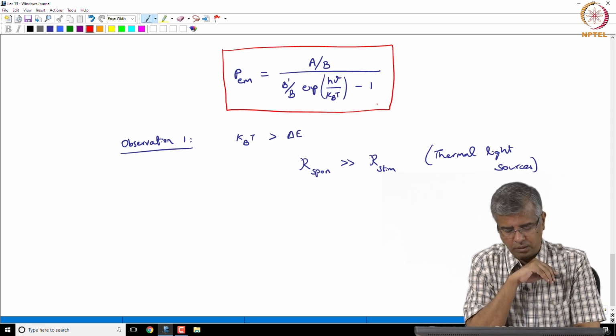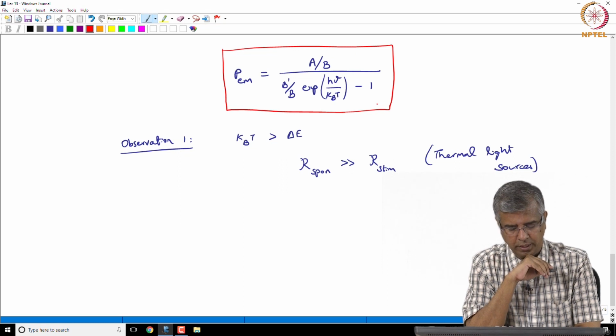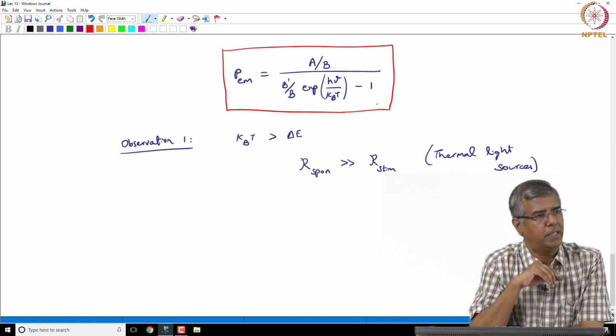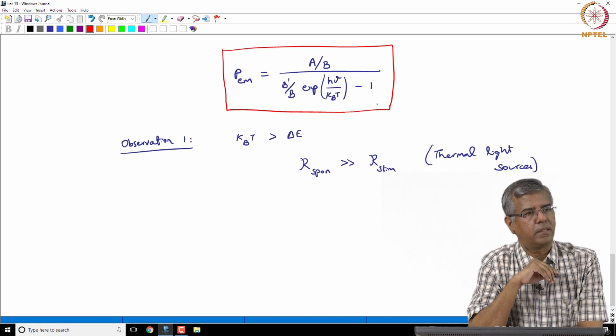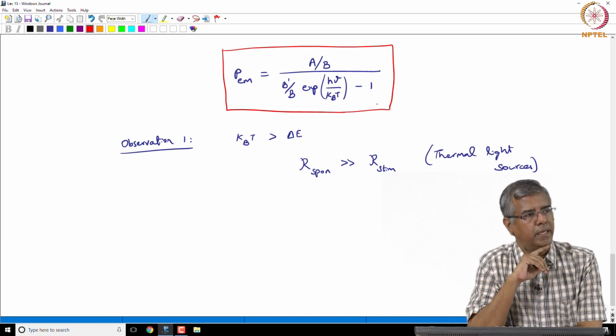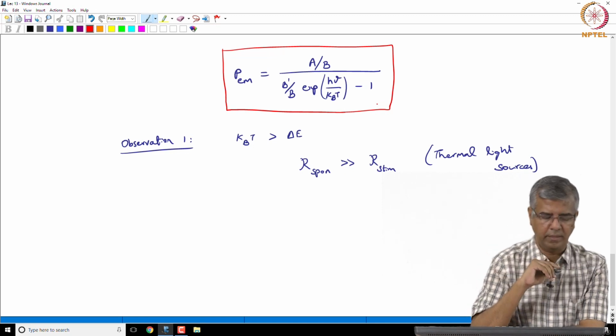And the first case we were taking was when the thermal energy is greater than the energy difference between 2 energy levels.